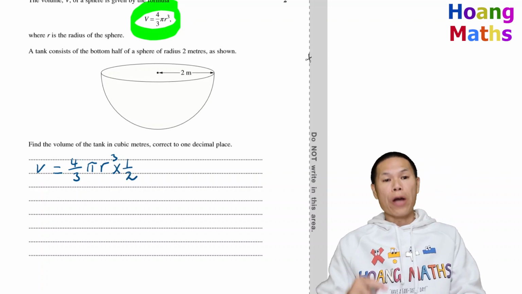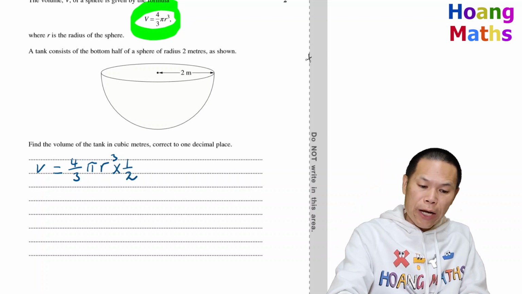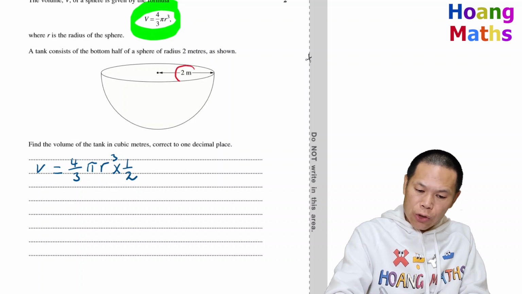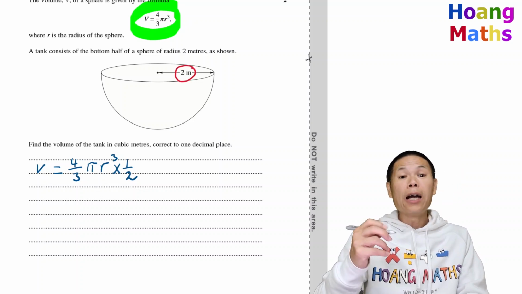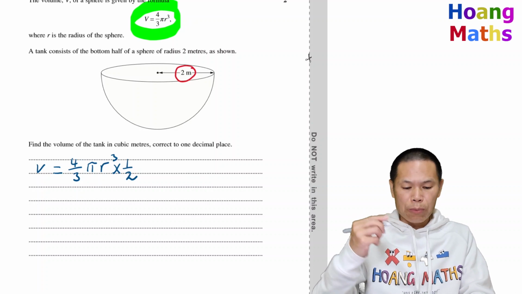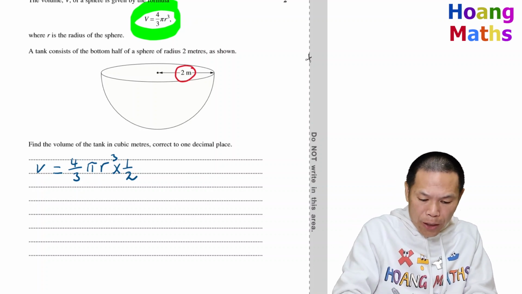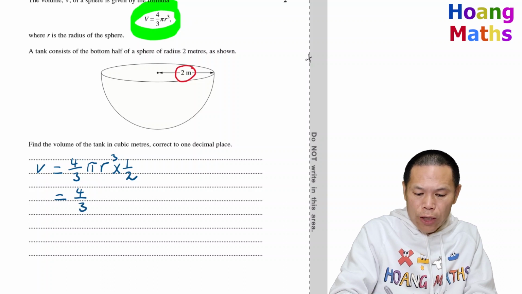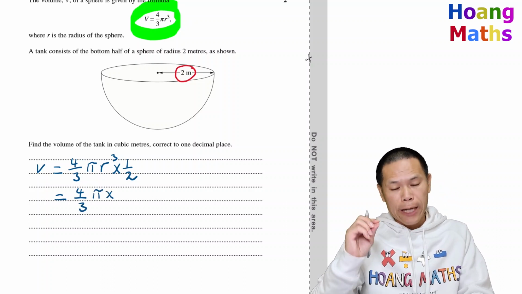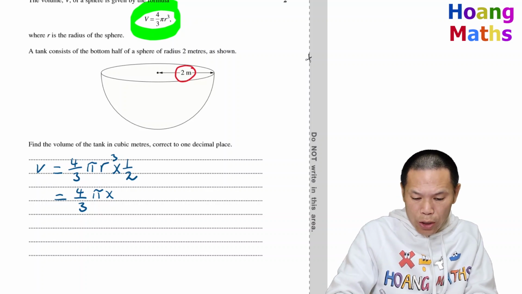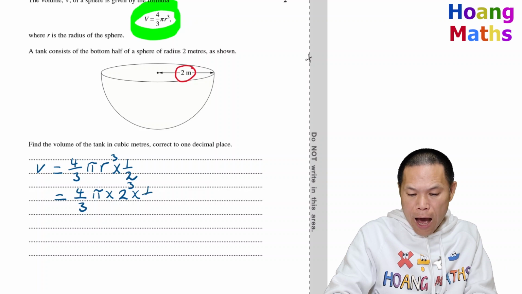We know that the radius is 2 meters, so R is equal to 2. We just substitute into this formula. That will give me 4 over 3 pi times the radius, in this case 2, so 2 cubed, and we times a half.